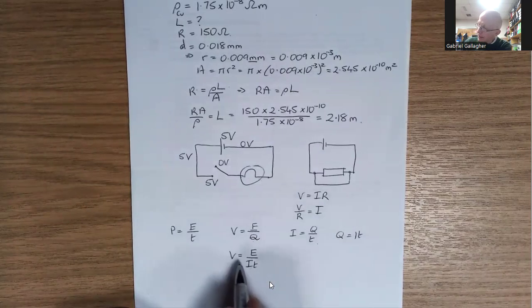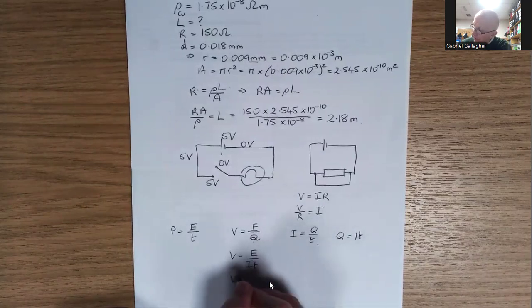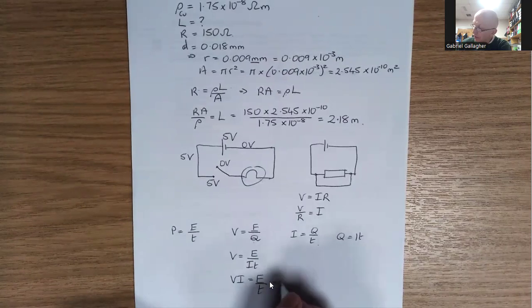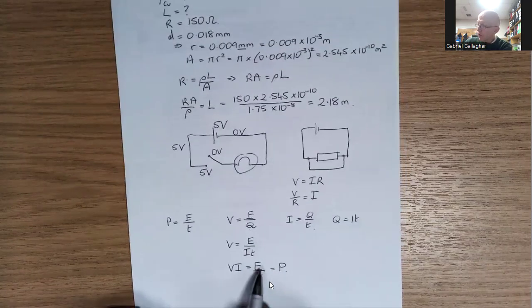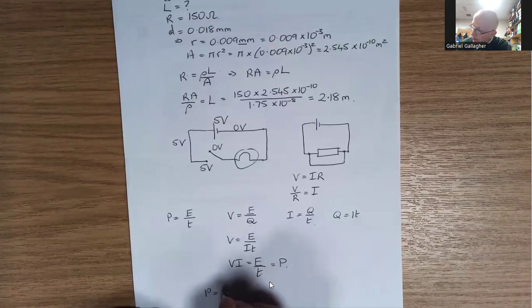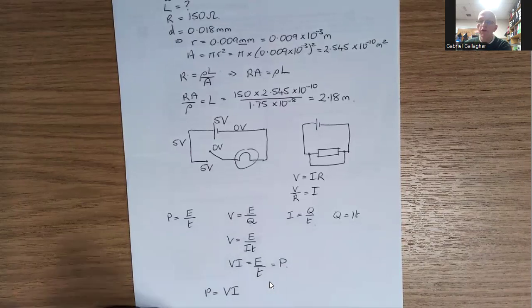I move the I up to here, and I get VI equals E over T. But E over T is power. So the energy per second coming out of a resistor is simply the potential difference across the resistor multiplied by the current flowing through it. That's also called the power of the resistor. So P equals VI. Really important equation.